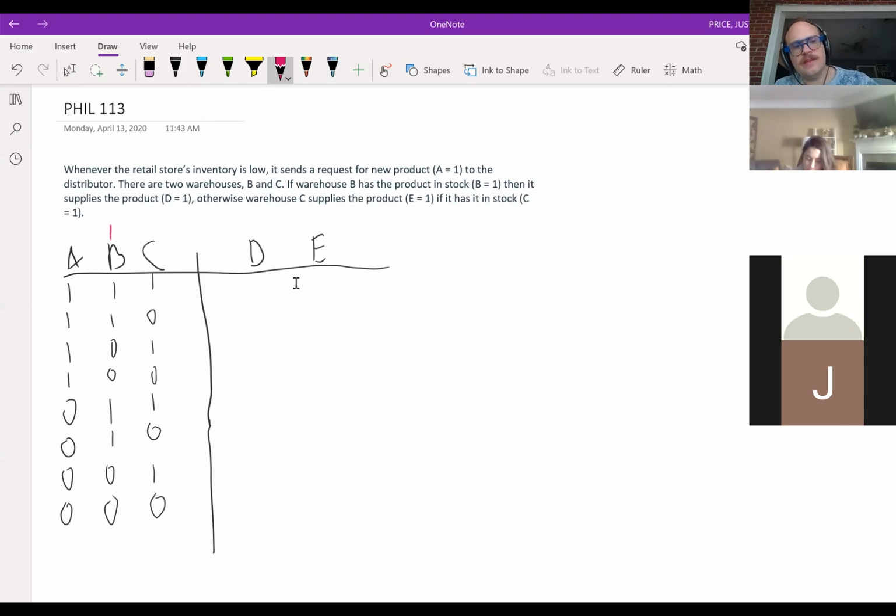So inputs A and B are tied to output D, and inputs C and A are tied to output E. So when both are 1, then the output's 1.